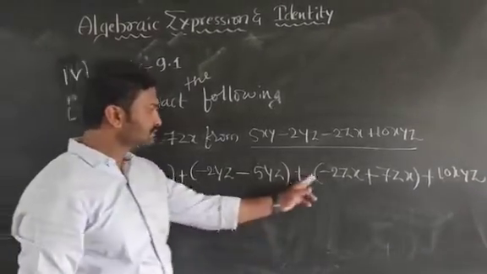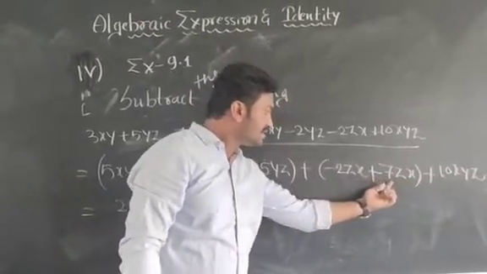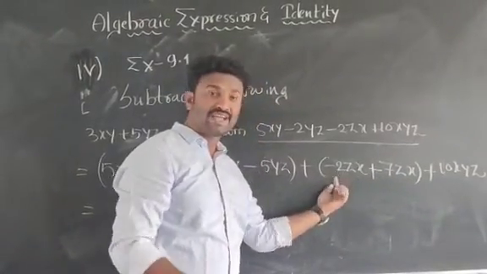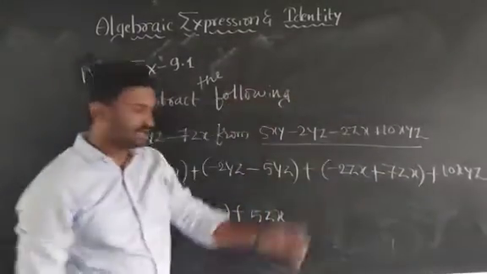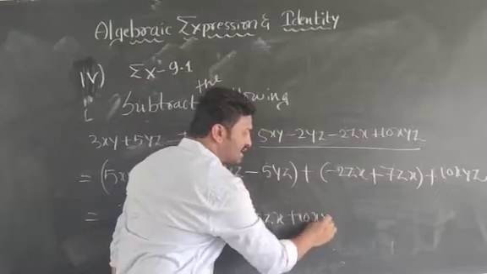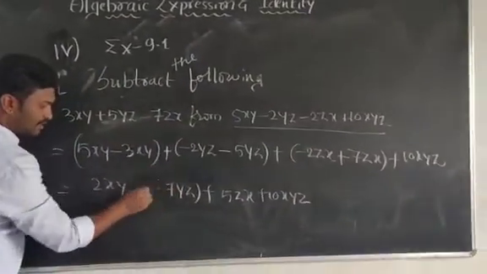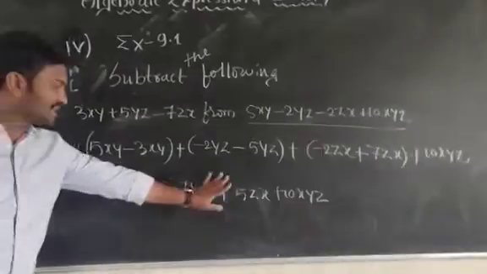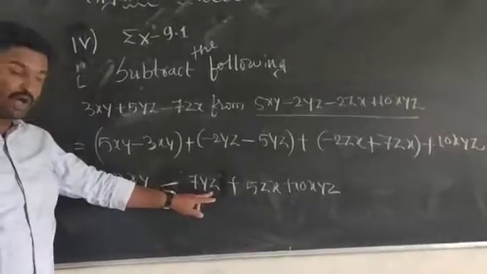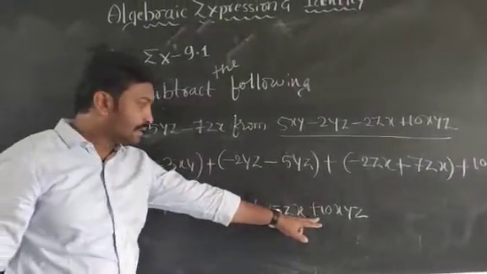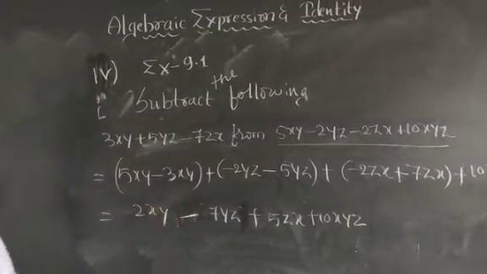And minus 2zx plus 7zx: 7 minus 2 is 5zx. What remains last? Only one term is there, 10xyz, and this is plus into minus, minus. What is the answer? 2xy minus 7yz plus 5zx minus 10xyz is the answer after subtracting.